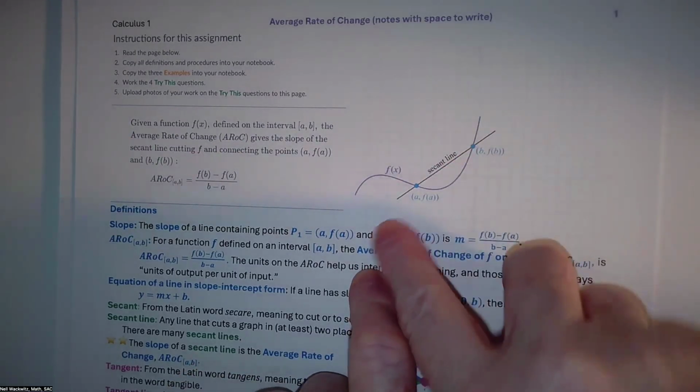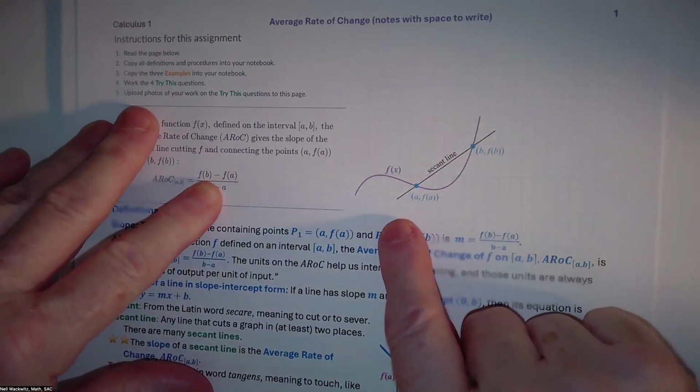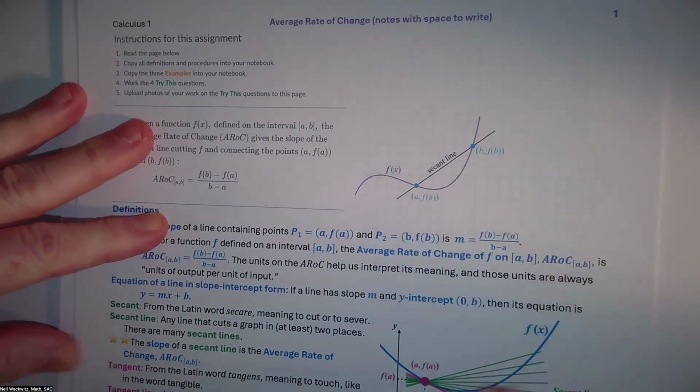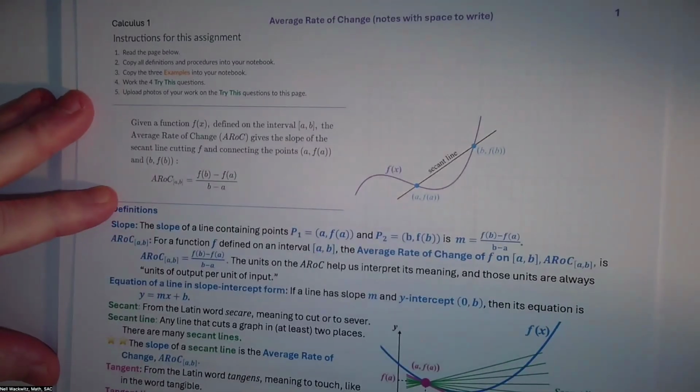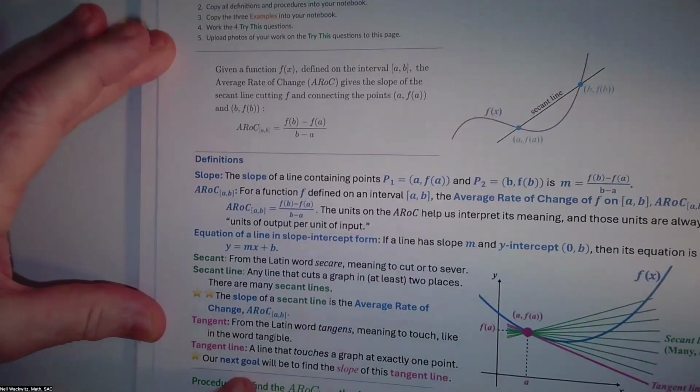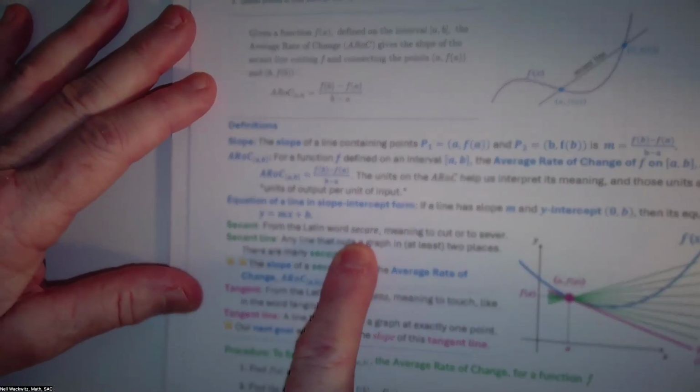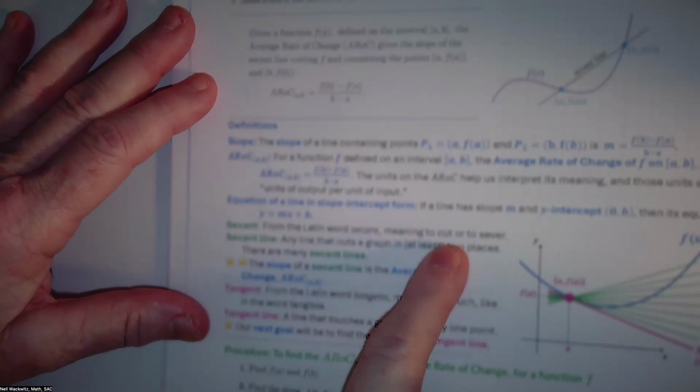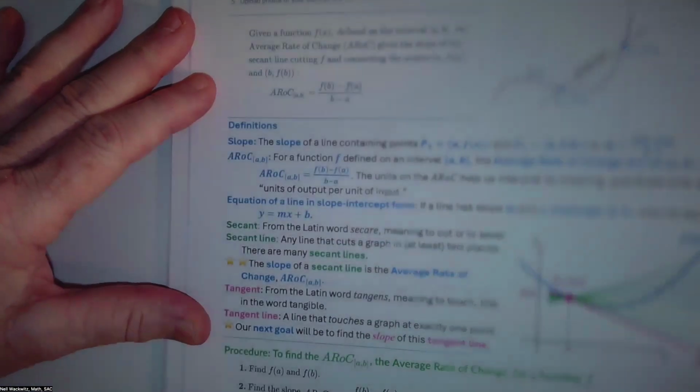The secant line is the line that connects those 2 points and that cuts the function f, because secant comes from the Latin word secare, meaning to cut or to sever.